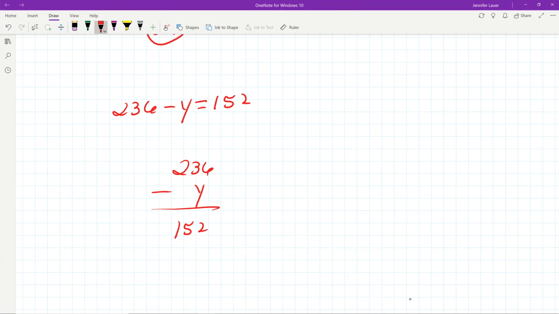Are we looking for a number greater than these two numbers or less than? It's got to be less than, because if we add those two together, it's going to be larger than the 236, and you can't take a larger number from a smaller number. So when the missing number is in the middle, we are going to subtract down.